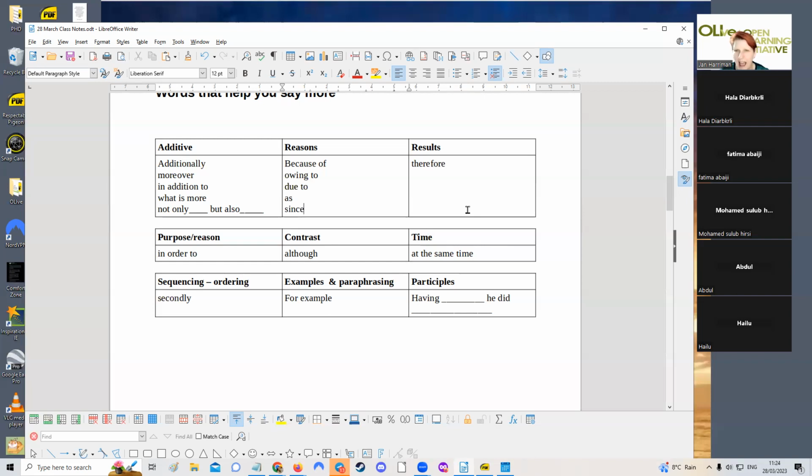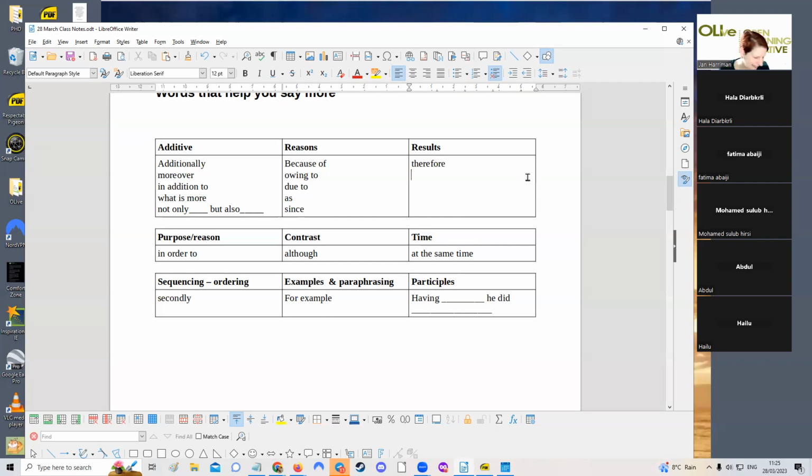So, as it was raining, we didn't go for a walk. Okay, that's a reason. Since it was raining, we didn't go for a walk. And then, therefore, we sat around and read books, which was ever so much fun.